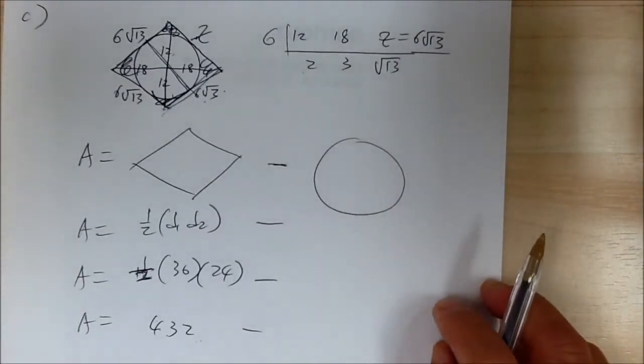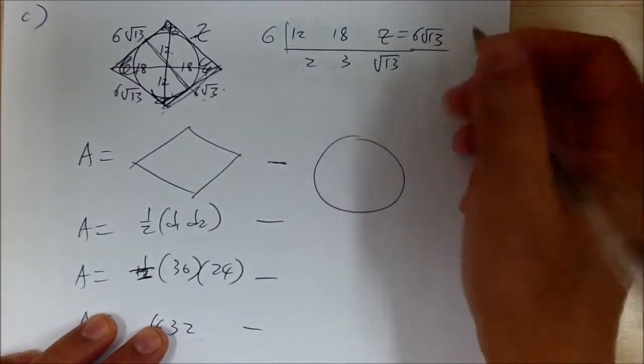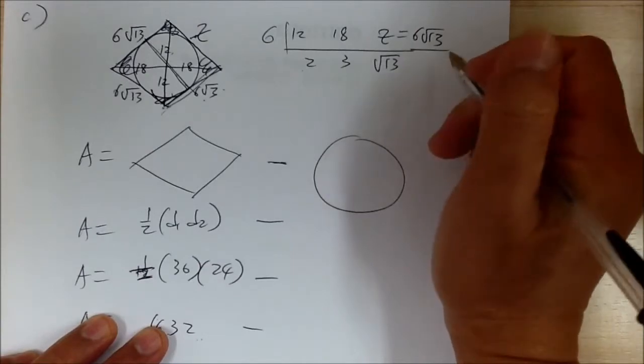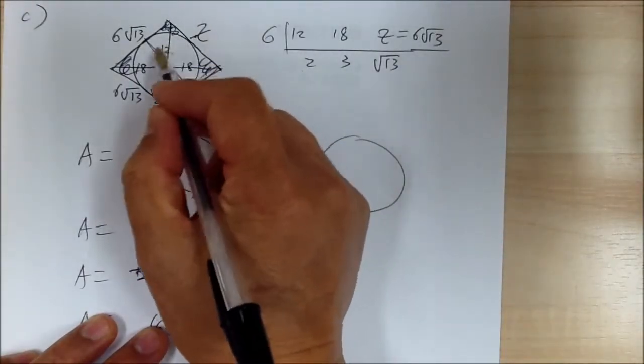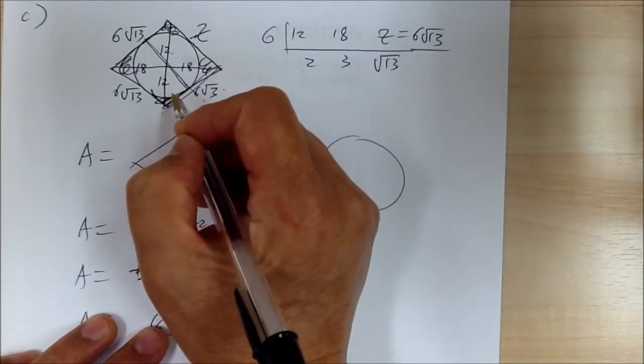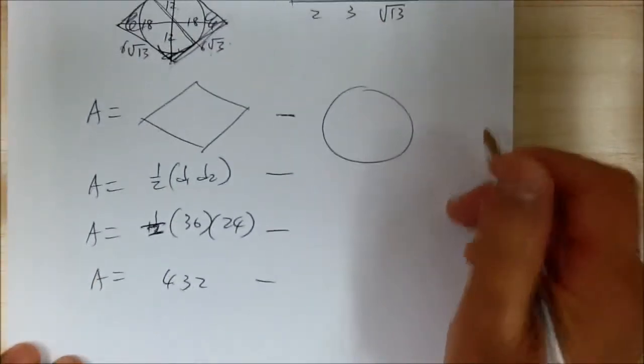Now there's another shortcut. What you do is use the ratio. For example, when you have a circle inscribed in a polygon, you can use the ratio.